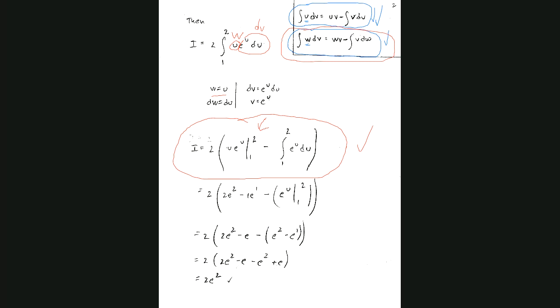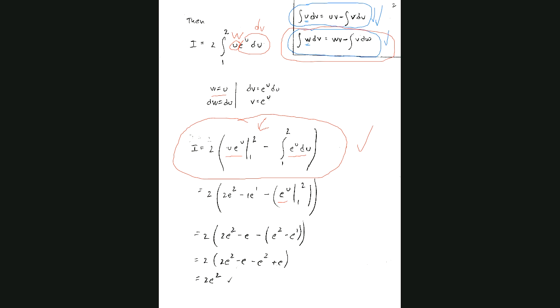We evaluate u times e to the u at 1 and 2, and we have the integral of e to the u du. The antiderivative of e to the u is e to the u. Now it's just computation.